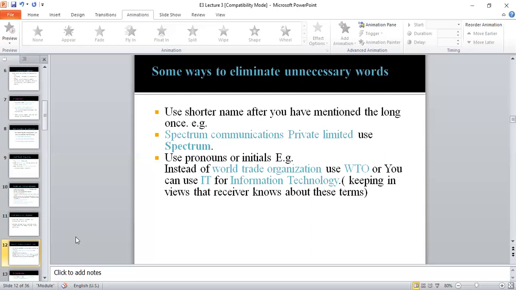Use pronouns or initials. For example, instead of using World Trade Organization every time, use WTO. Or you can use other abbreviations like IT for Information Technology, keeping in mind the background of your reader, listener or receiver of your information.